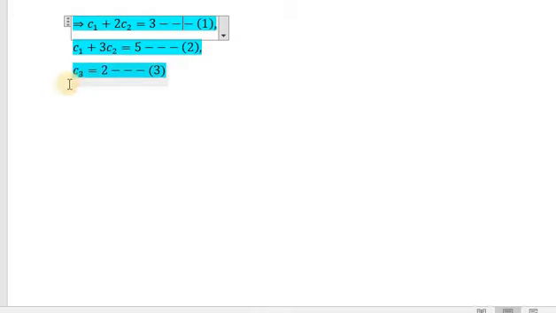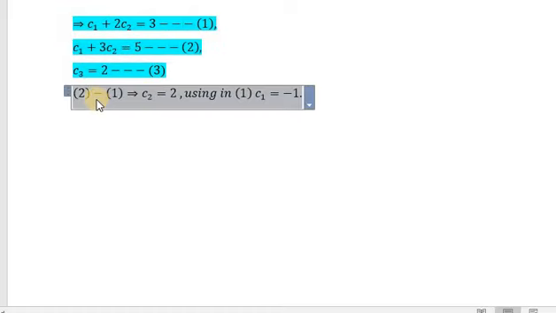So by solving these equations 1, 2, 3: c1 plus 2c2 equals 3, c1 plus 3c2 equals 5, and c3 equals 2. Now c3 equals 2 we already have, then c1 and c2 can be found using equations 1 and 2. Equation 2 minus 1 gives c2 equals 2, and using c2 equals 2 in equation 1, c1 equals minus 1.